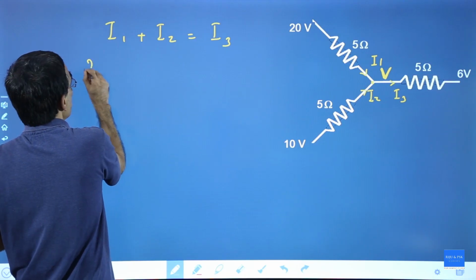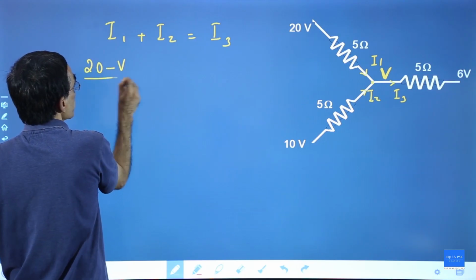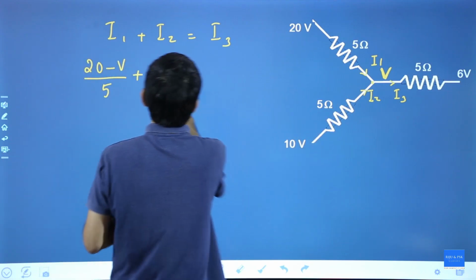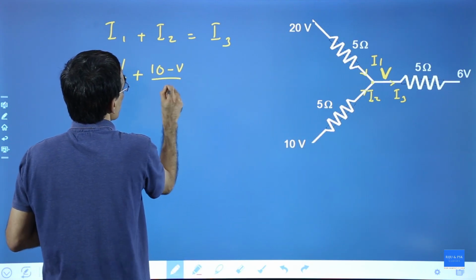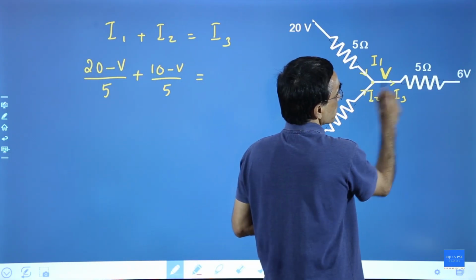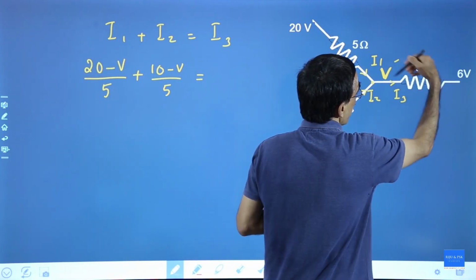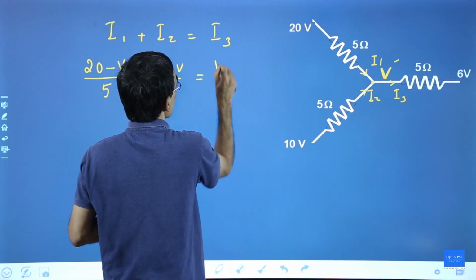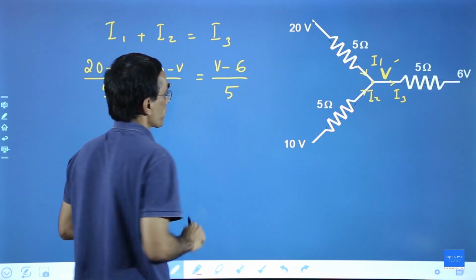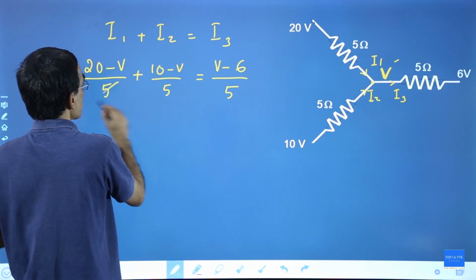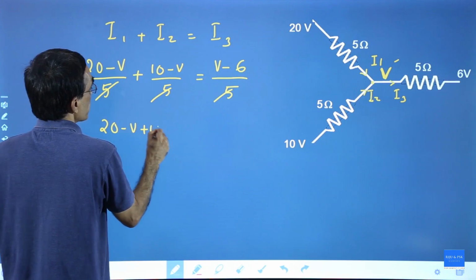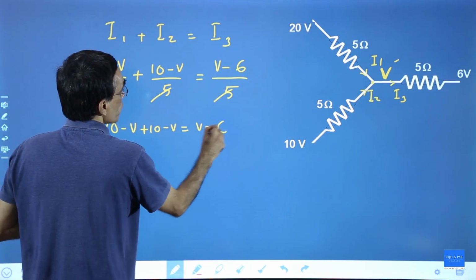So 20 being higher potential, (20 minus V) by 5 plus I2, which is (10 minus V) by 5, equals I3. Here the current flows from the junction to the 6, so V is higher than 6, and the difference must be (V minus 6) divided by the same 5 ohm. It is easy because the denominator is all the same, so cancel them out. You get 20 minus V plus 10 minus V equals V minus 6.